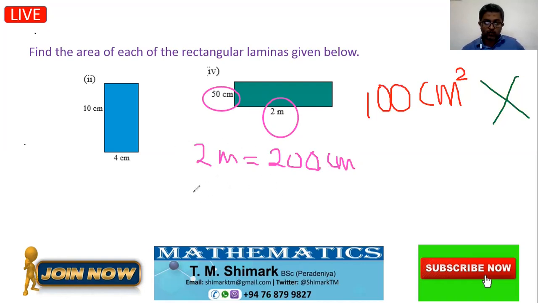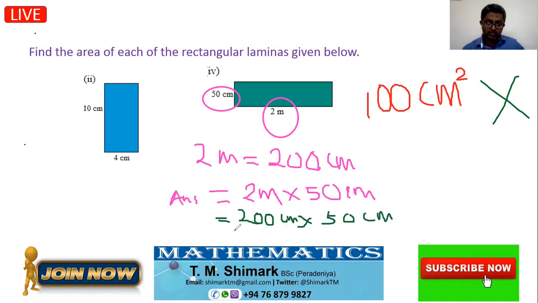The answer will be length into breadth: 2 meter, which is 200 centimeter, into 50 centimeter. Multiplying, 2 into 5 is 10, and 3 zeros are there. 10,000 centimeters squared.